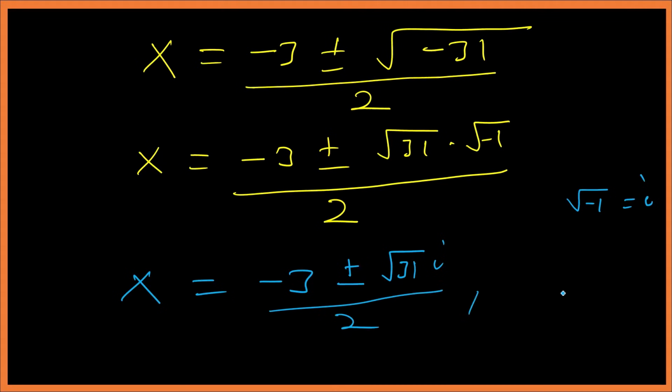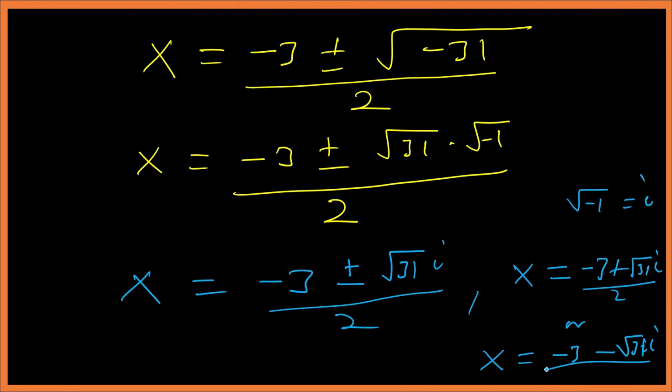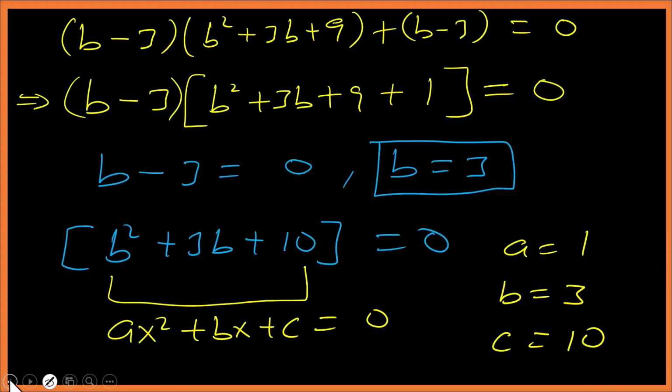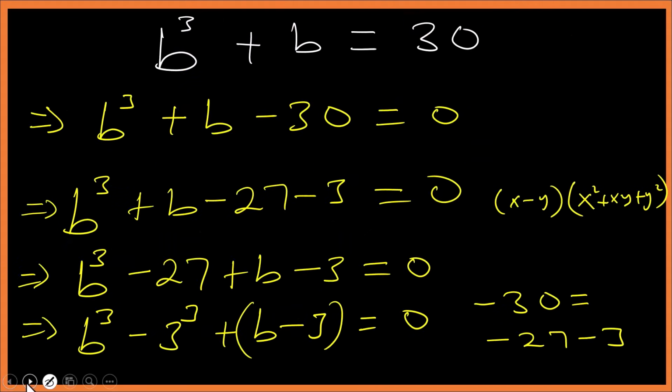So x is minus 3 plus square root of 31 i on 2, or minus 3 minus square root of 31 i on 2. So these answers are complex. So we now stick to b equals 3.